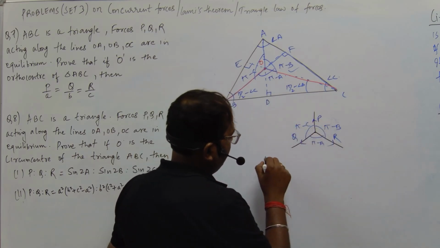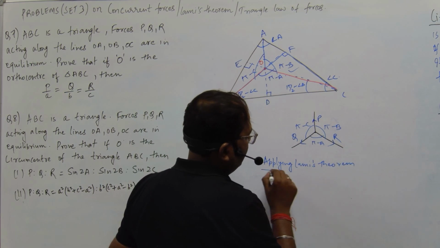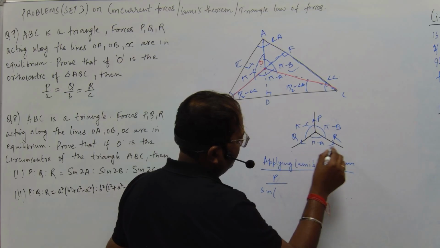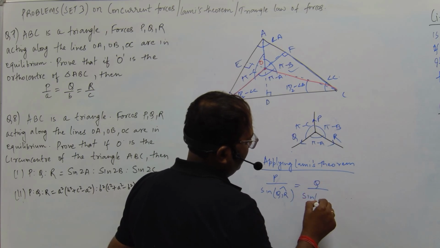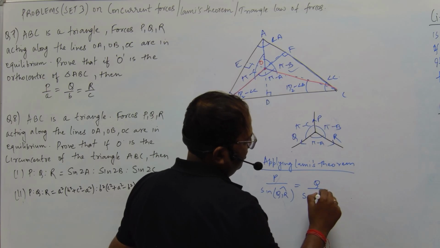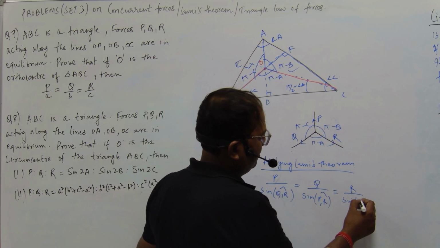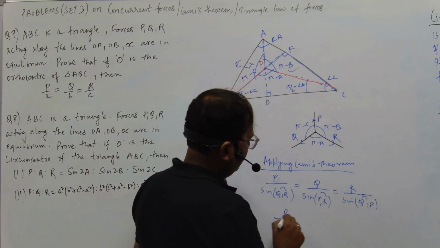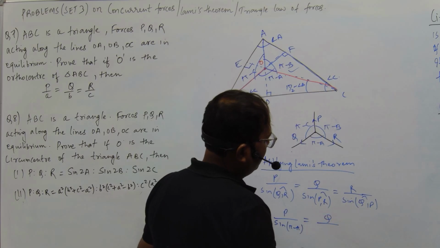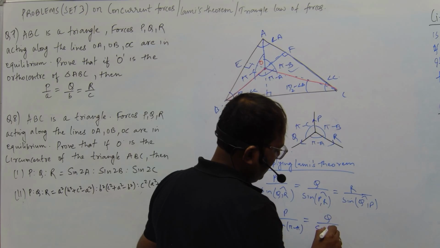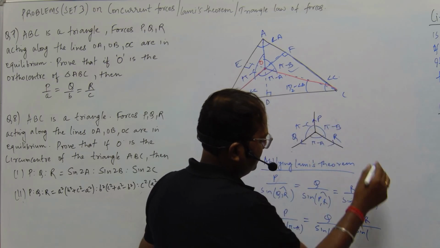Let us apply Lami's theorem. We have P upon sine of the angle between Q and R, is equal to Q upon sine of the angle between P and R, is equal to R upon sine of the angle between Q and P. So P upon sine of (pi minus A) is equal to Q upon sine of (pi minus B) is equal to R upon sine of (pi minus C).